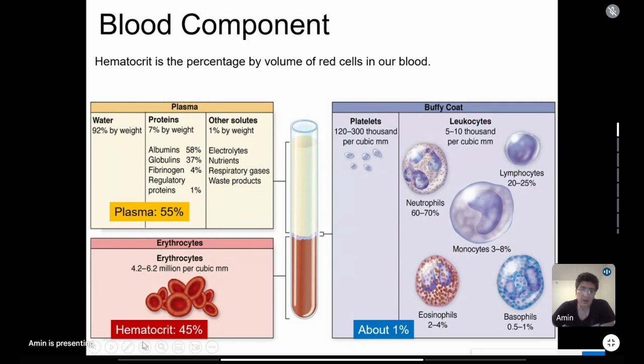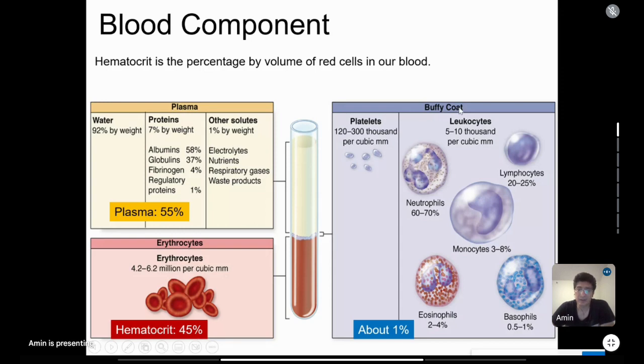This erythrocyte fraction is called hematocrit. What is hematocrit? Hematocrit is the percentage by volume of red blood cells in our blood tissue. Erythrocytes are about 4 to 6 million per cubic millimeter.